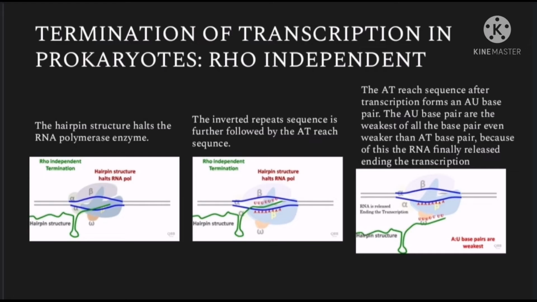The hairpin structure halts the RNA polymerase enzyme. Now, the inverted repeat sequence is further followed by an AT-rich sequence. After transcription, the AT-rich sequence forms AU, or adenine-uracil, base pairs, which are the weakest of all base pairs, even weaker than adenine-thymine base pairs. Because of this, the RNA is finally released, ending the transcription.